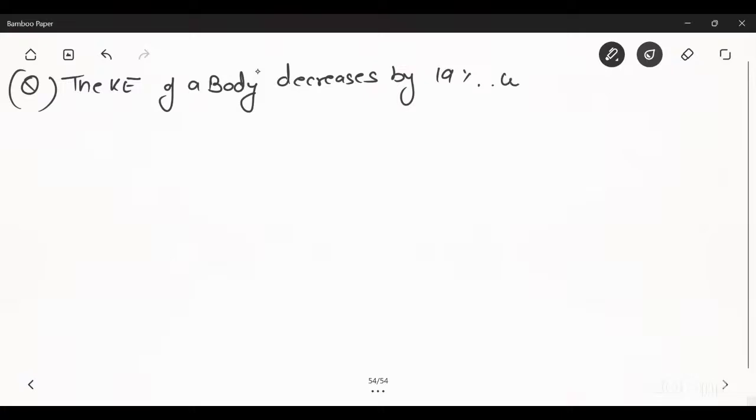So what is the percentage decrease in its linear momentum?